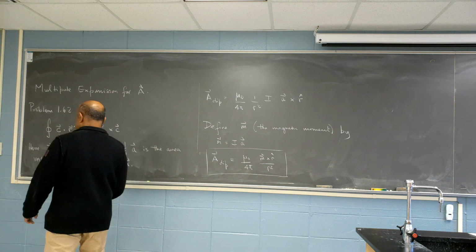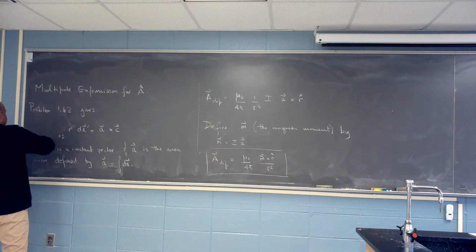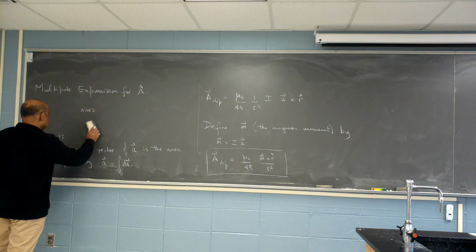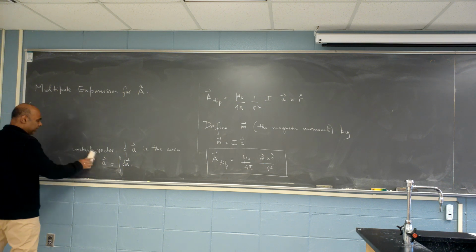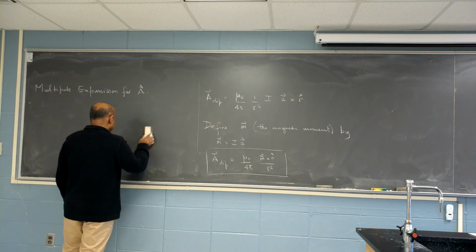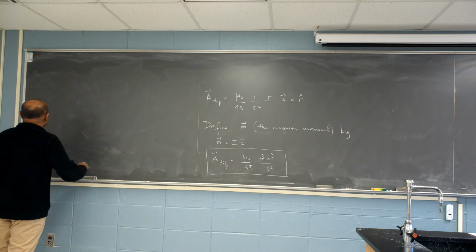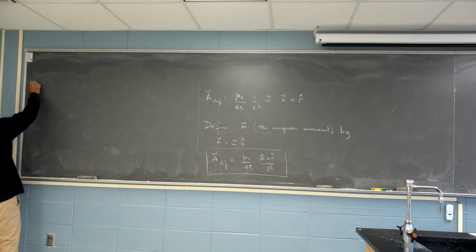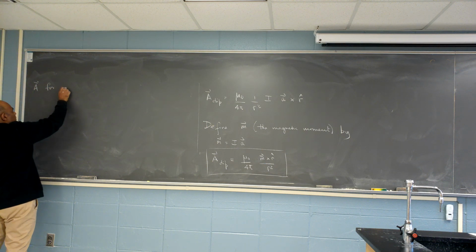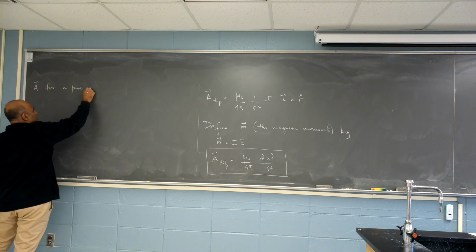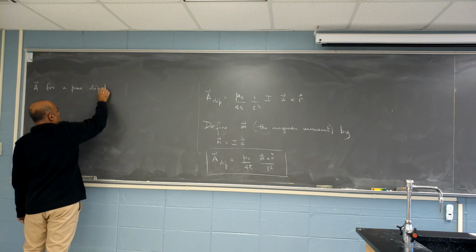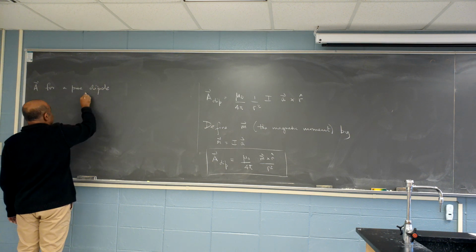I have 3-4 minutes, and I just want to make that look less abstract. What happens if you have a pure dipole, not a physical dipole? There's no loop. Pure dipole. Magnetic.